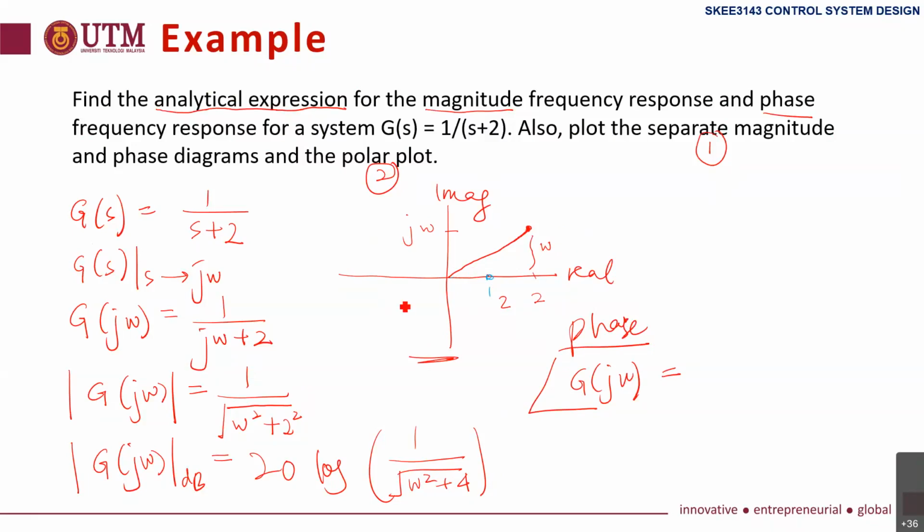First, the 1 is actually 0 degrees. The angle is calculated from the standard positive x axis. So 1 is 0 degrees.